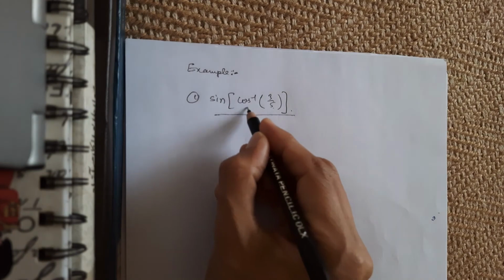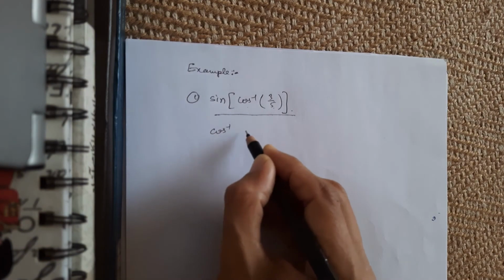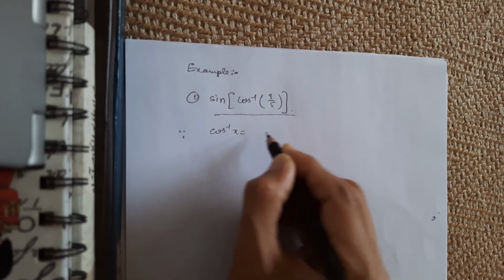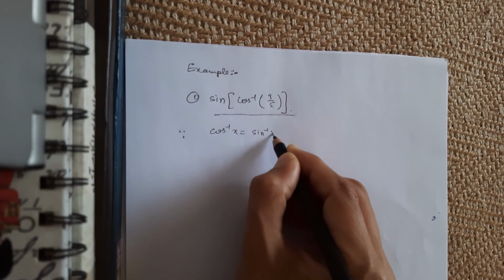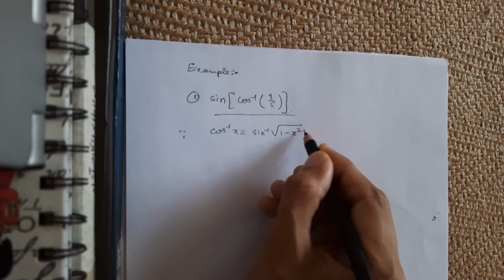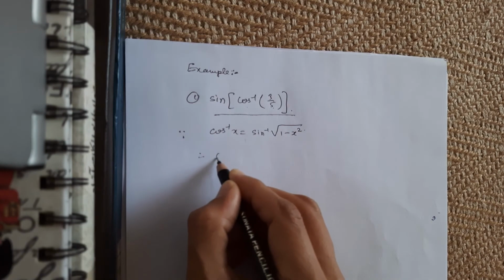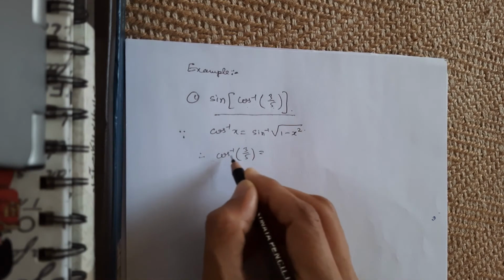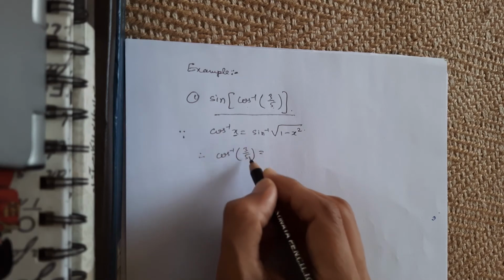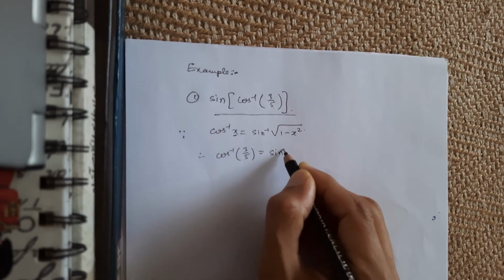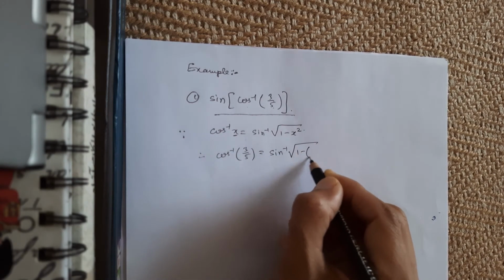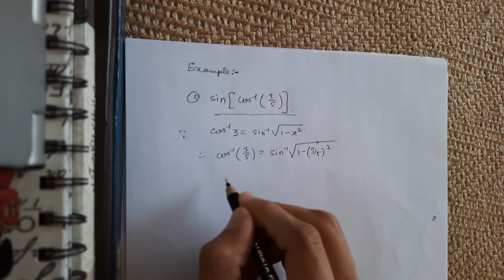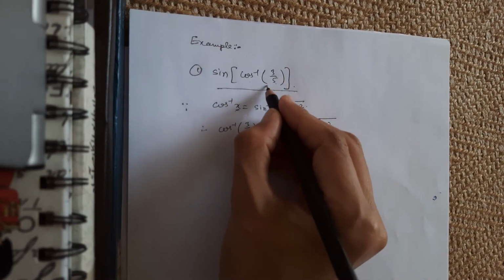So, similarly, since cos inverse x equals sine inverse of root 1 minus x square, therefore for cos inverse of 3 by 5, just put the value of x as 3 by 5. I will get sine inverse of root 1 minus 3 by 5 square. Replace x with 3 by 5. Is it clear?